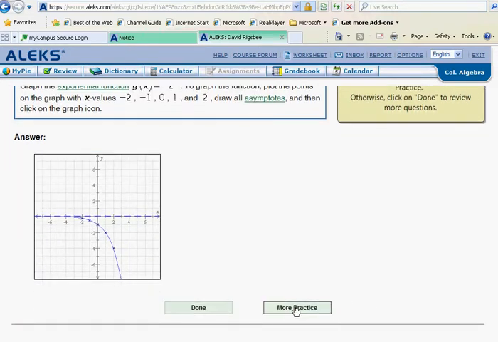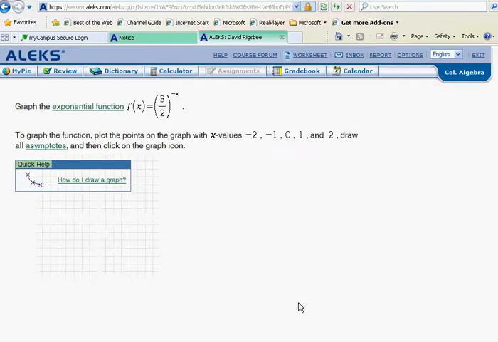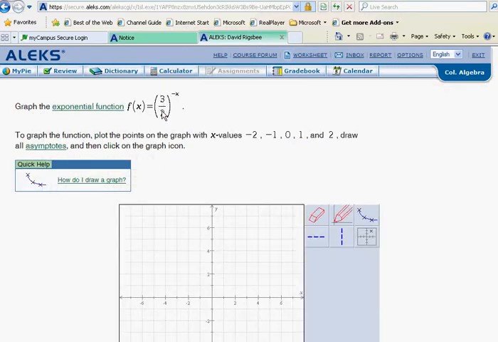Okay, now we're going to have this basic problem here. We're going to go back and have a negative x here. Well, notice that our base is 3/2 or 1.5. So this base here is at least greater than 1, but we have this negative x. So let's take a look once again at our transformation sheet.